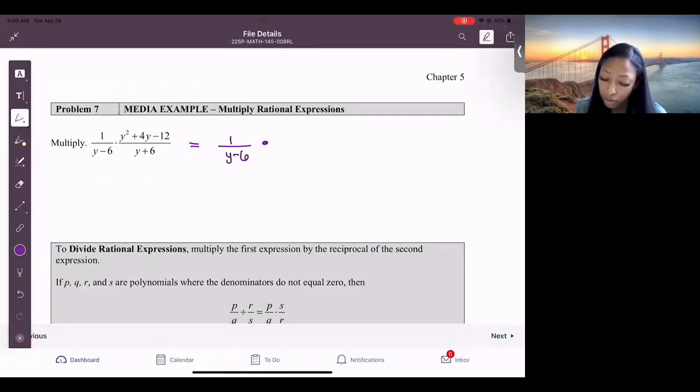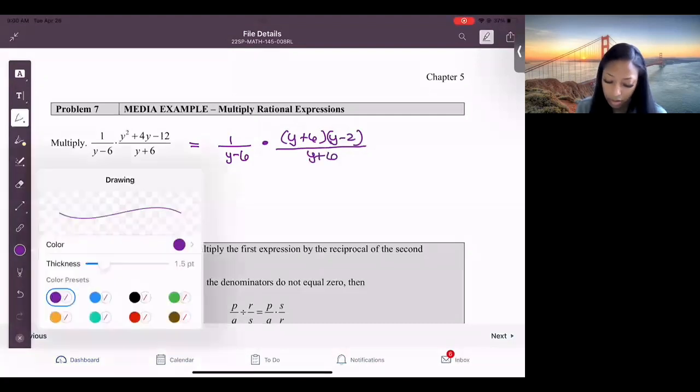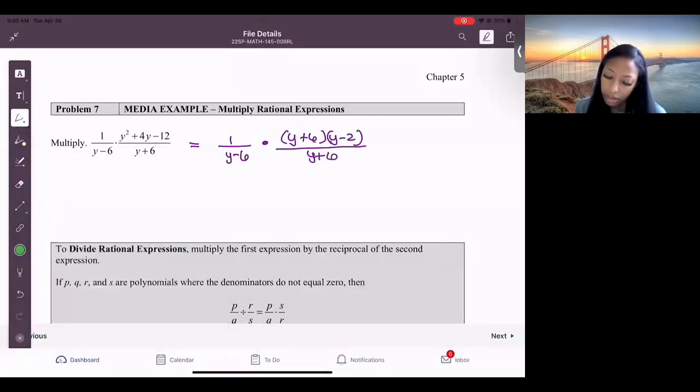In the second one, the numerator factors to y plus 6 times y minus 2, and then over y plus 6. The only thing that cancels here are the y plus 6's. And then we'd be left with y minus 2 over y minus 6.